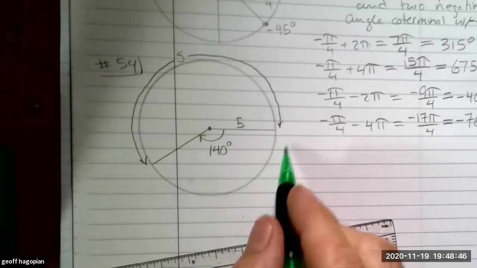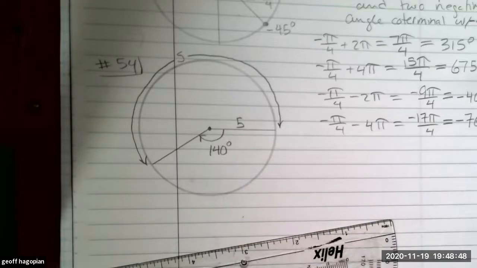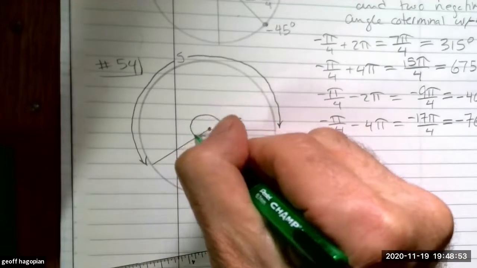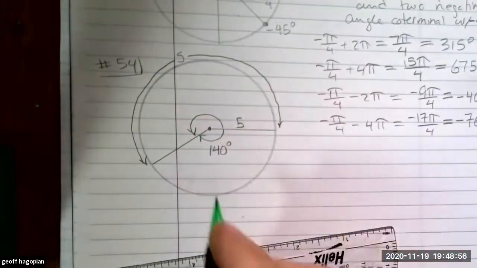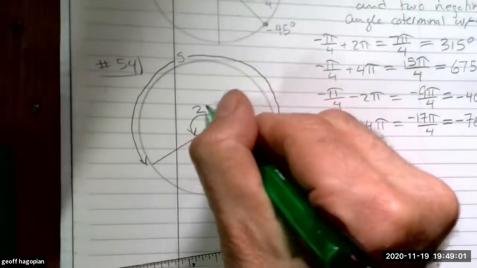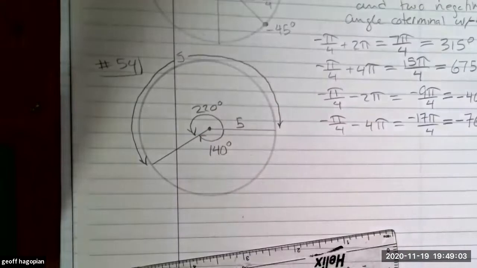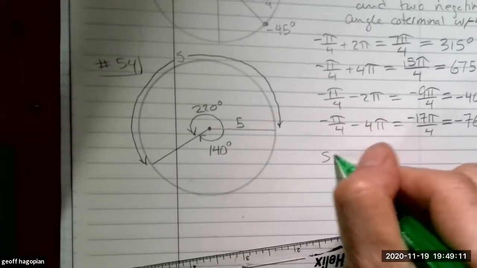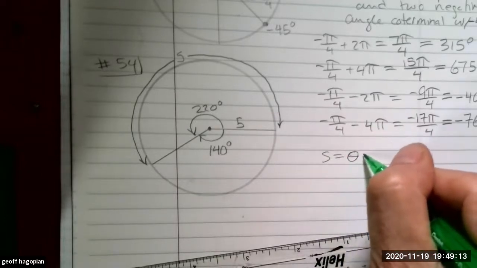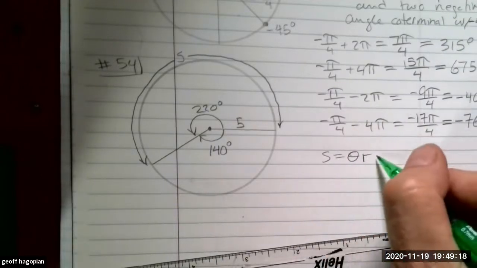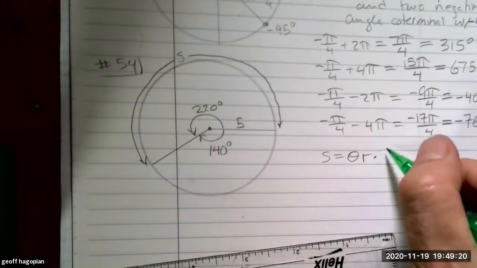So we could find the length of this and subtract it from 10 pi. Or we could find this angle here. What is that? 360 minus 140 is 220. Convert that to radians and multiply by the radius of the circle, right? So S is equal to theta r. Now, if theta is in degrees, then you have to convert that to radians, right?